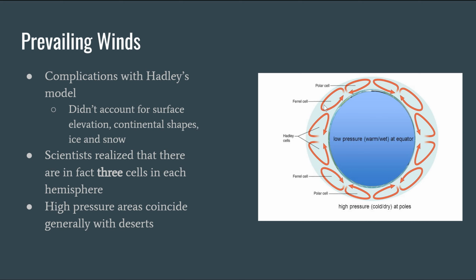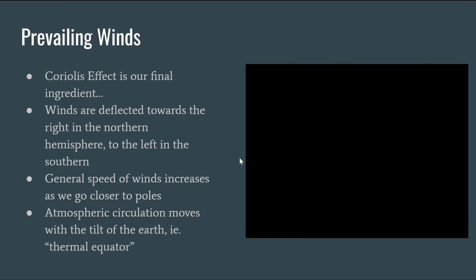At the mid-latitudes, we have the Ferrel cells. And at the polar regions, we have the polar cells. They work the same way as if there were only one Hadley cell: warm air rises, flows, and then comes back down once it's cooled, and the cycle starts again. And we can see that high-pressure areas generally coincide with the deserts in the world.